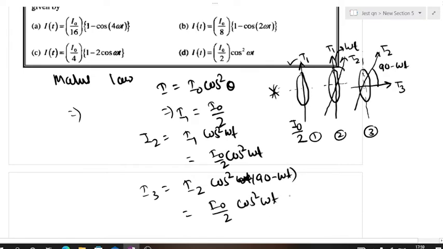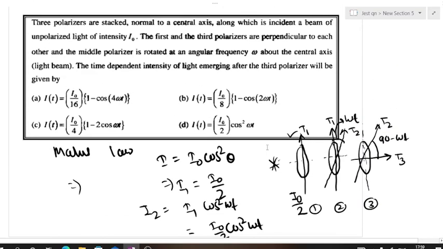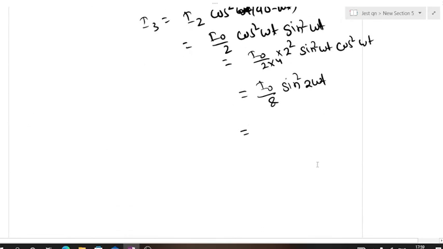Cos square 90 minus omega t will be sin square omega t, and that will be equal to I naught by 2 into 1 by 4, 2 square sin square omega t cos square omega t, and is equal to I naught by 8 sin square 2 omega t. The question answer is not in this format, so we have to solve further.